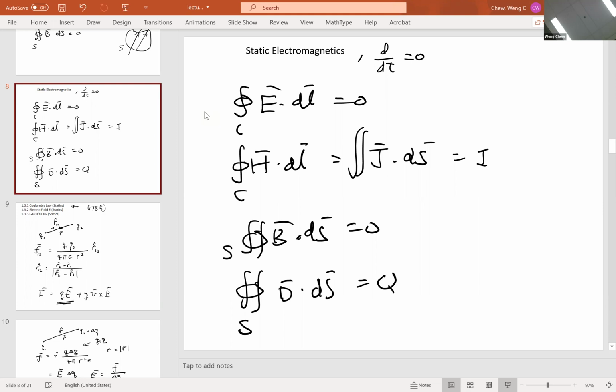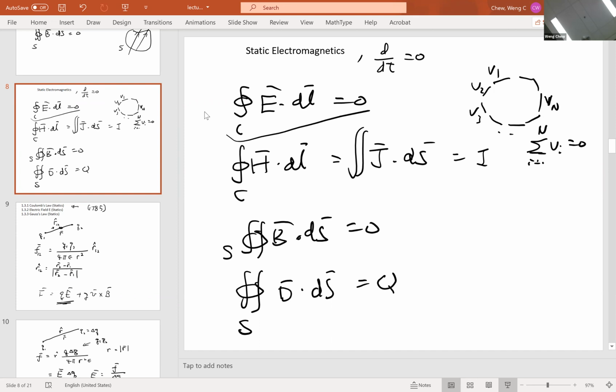Because if you were to integrate this around any closed loop, it says V1 plus V2 plus V3 plus Vn, the sum of Vi, i equal to 1 to n, must be 0. This is Kirchhoff's voltage law.